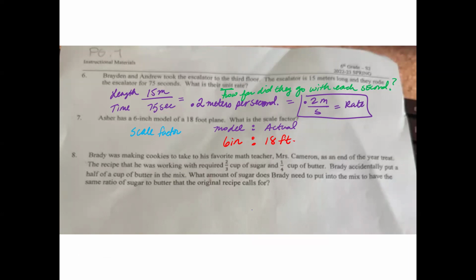So if you want the scale factor, what you can do is reduce this, because if I have 6 inches over 18 feet, I could reduce it, right? Because they're both even. If you divide by 2 and divide by 2, what do you get? 3 over 9.